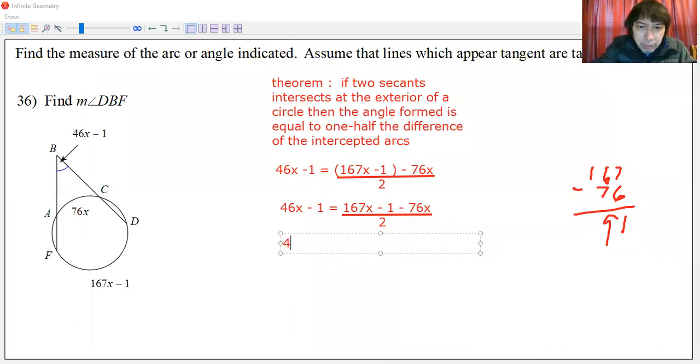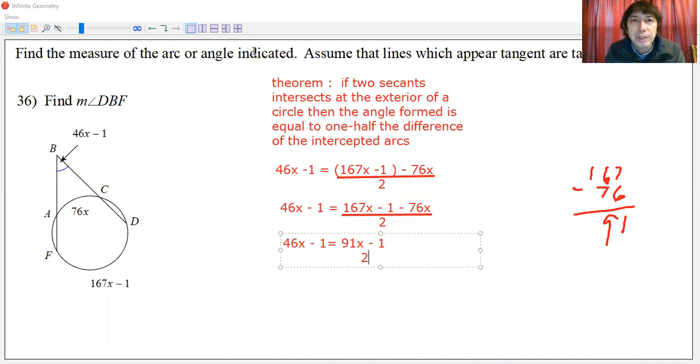So this is 46x minus 1, and this is equivalent to 91x minus 1. And we still have the divided by 2 there.